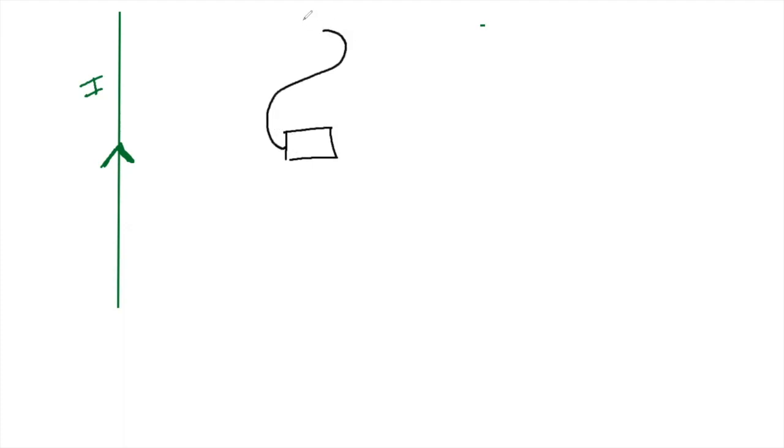All right, now I have to admit, this one is tricky. So pay attention, listen with open ears. Now, I have current I here, and I have a Hall probe over here.